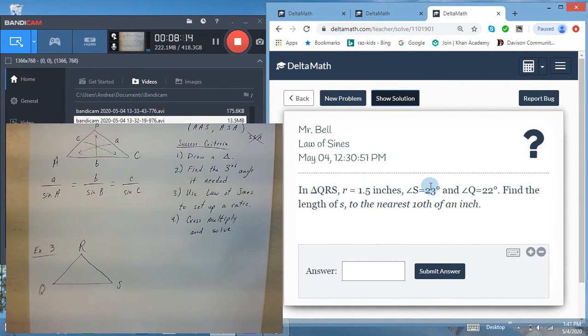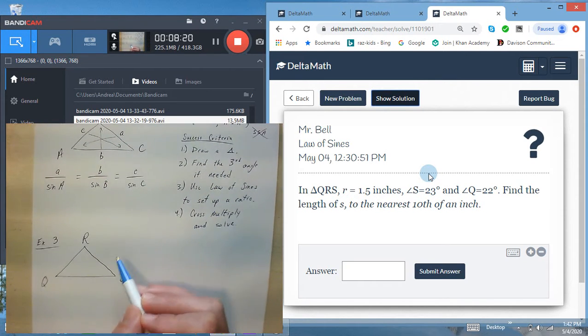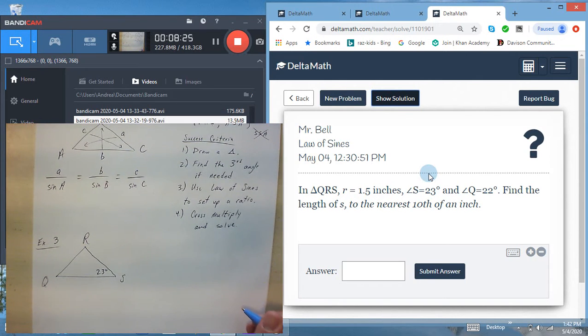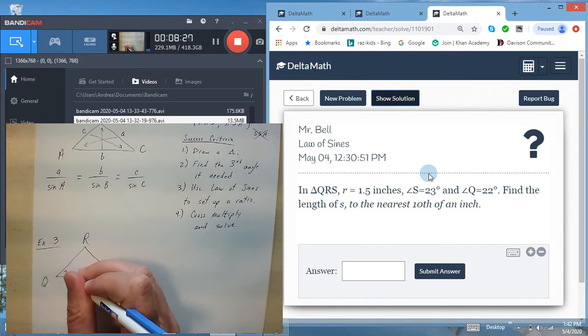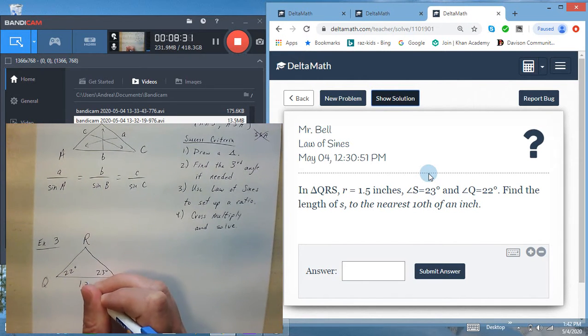So what they give us over here on Delta Math. QRS, so put QRS wherever you want. Angle S is 23 degrees. Q is 22 degrees. And side R is 1.5 inches.